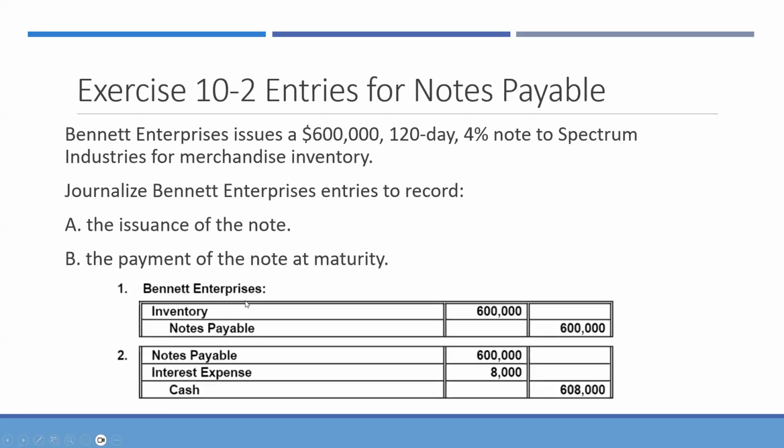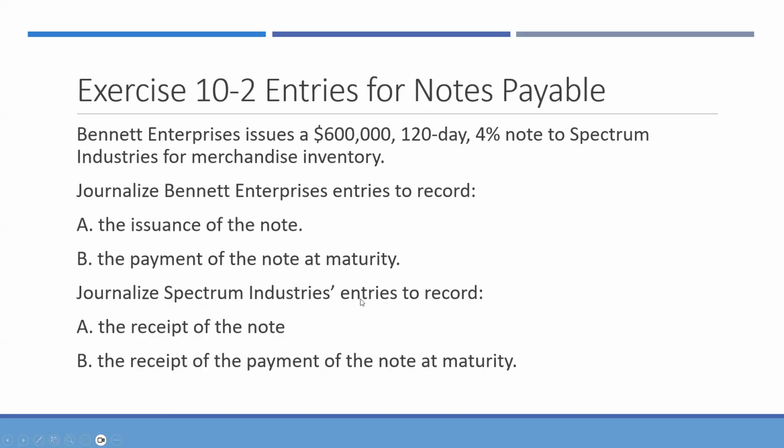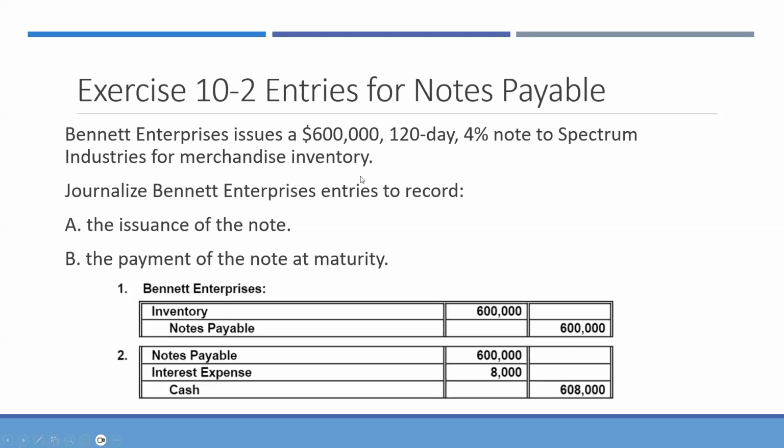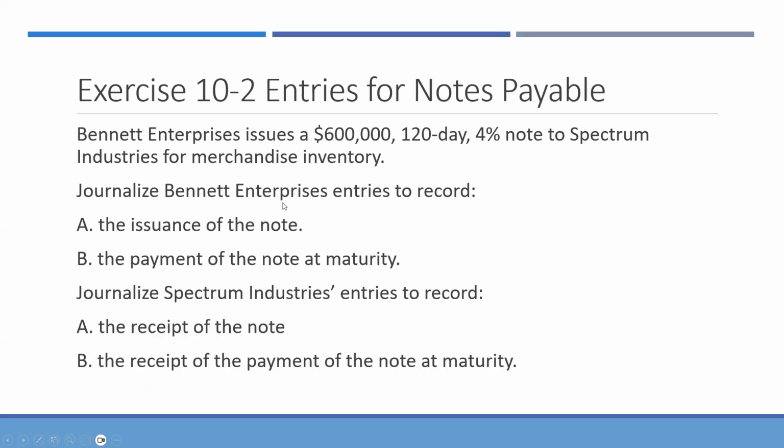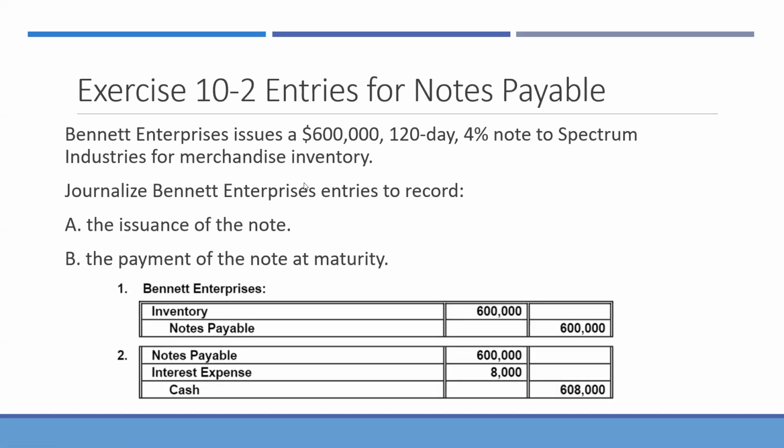And so to record the note, and this is for the purchase of merchandise inventory, we're going to debit inventory, credit notes payable. As opposed to settling an overdue account like we did previously, we're upfront. We are purchasing the inventory on this payment plan. And so we're recording it upfront as debit inventory, credit note payable.